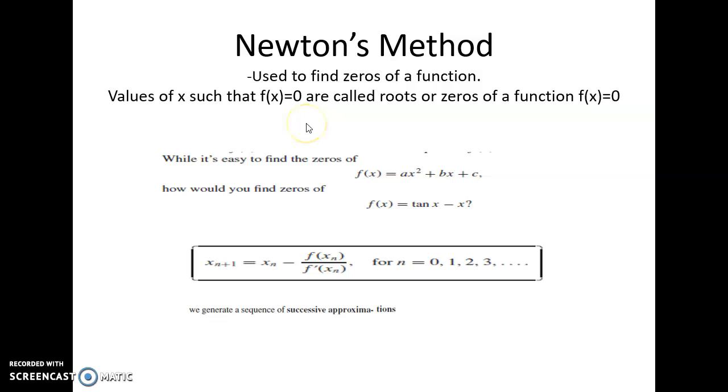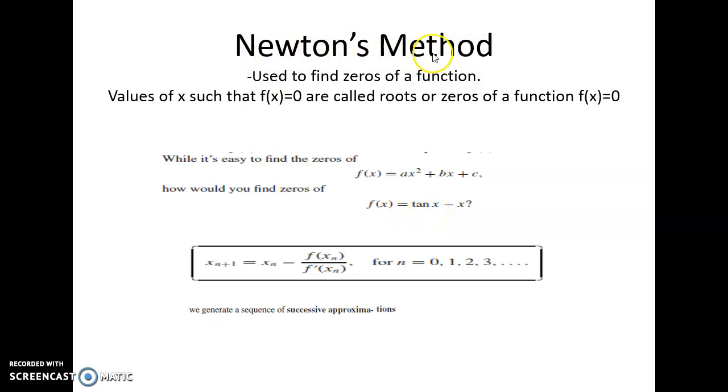Then we have the second application of derivative, that is called Newton's method. Note that for this quadratic function, we can factor it and find the zeros or the roots, or we can use the formula to find the roots of this quadratic equation. Suppose we are asked to find the zeros or the solution of this transcendental equation, it is not possible because there are no formulas for this.